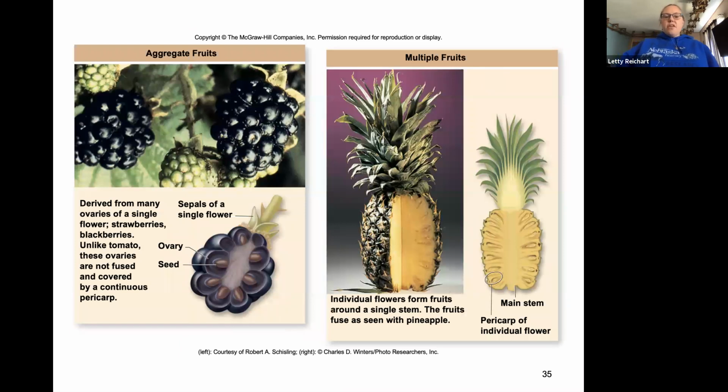We have some other fruits, so this would be an aggregate fruit. Each individual little bulbous fruity portion of those blackberries or strawberries was an individual flower that developed, okay? And then we also have what we call a multiple fruit. Again, these also have individual flowers, okay?